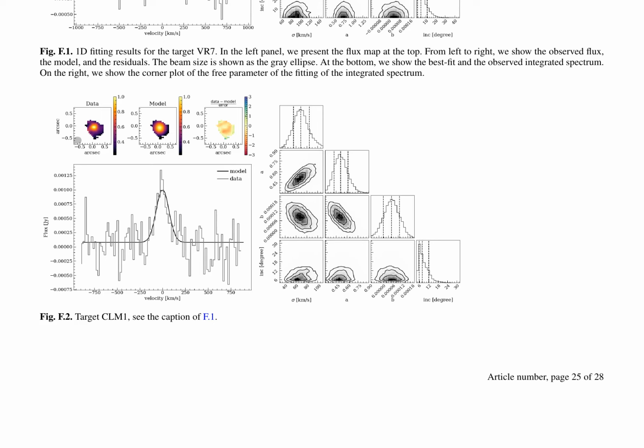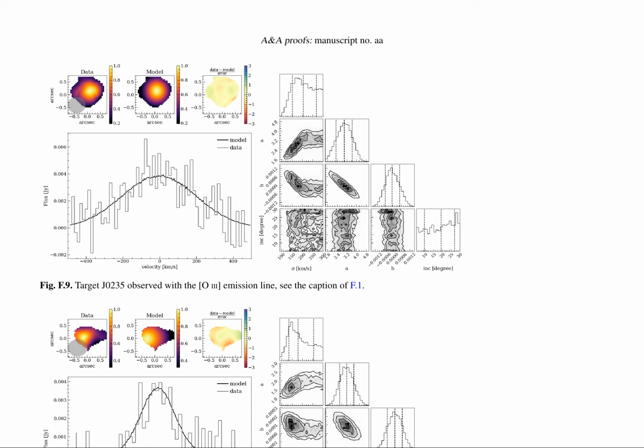The results presented in figures F.1 to F.5 and F.6 to F.11 demonstrate that the observed galaxies exhibit high levels of turbulence, suggesting the presence of turbulent disk galaxies at high redshifts. This finding has significant implications for our understanding of galaxy evolution and the role of turbulence in shaping galaxy morphology.